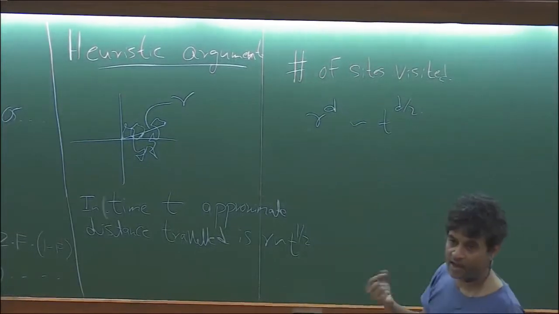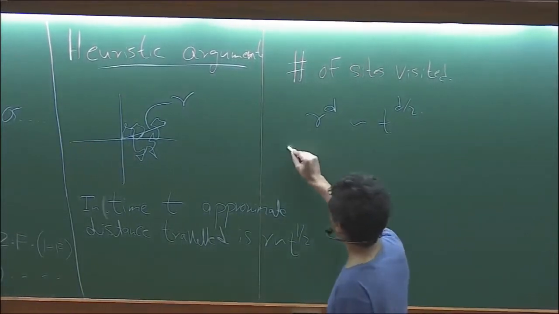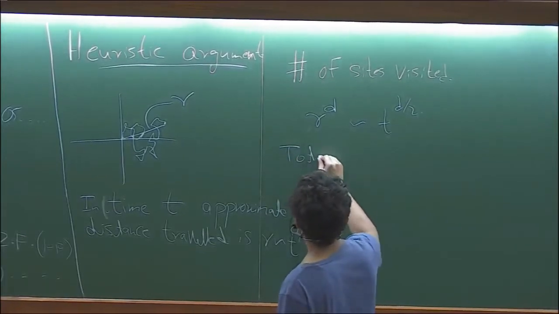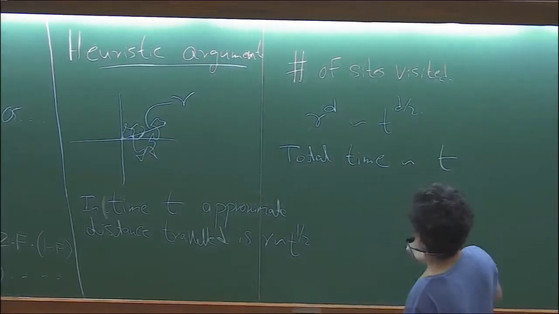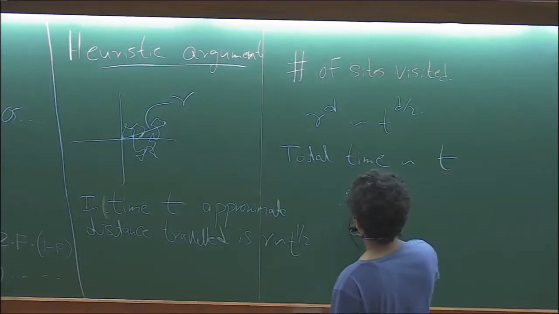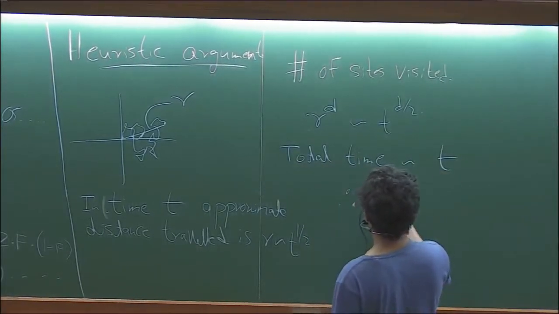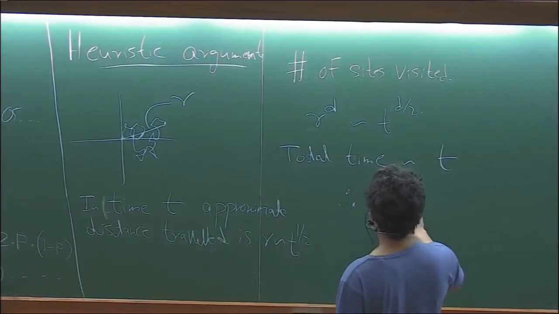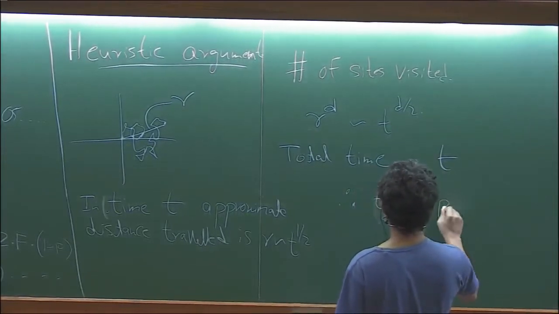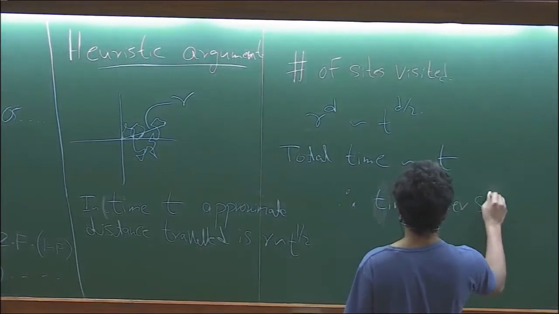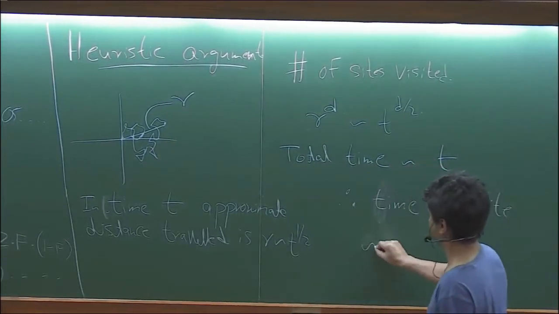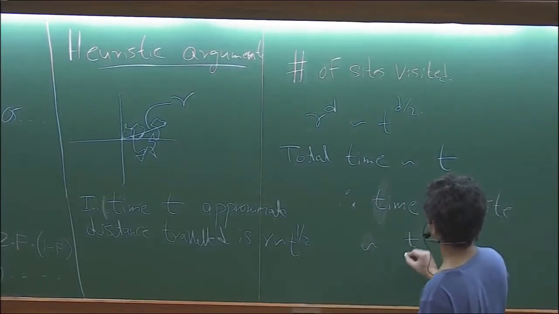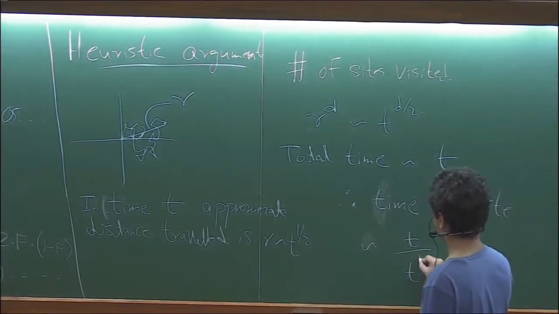And the total time of the walk is, of course, t. Therefore the time per site is roughly equal to t divided by t to the power d by 2.